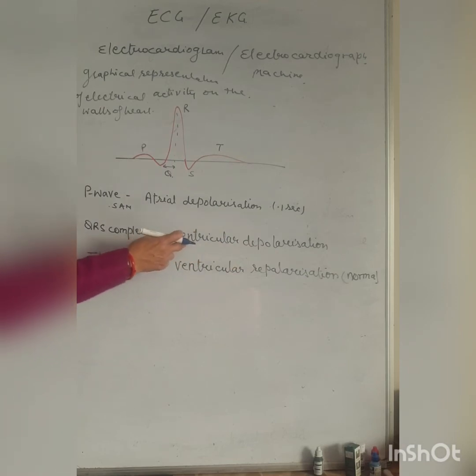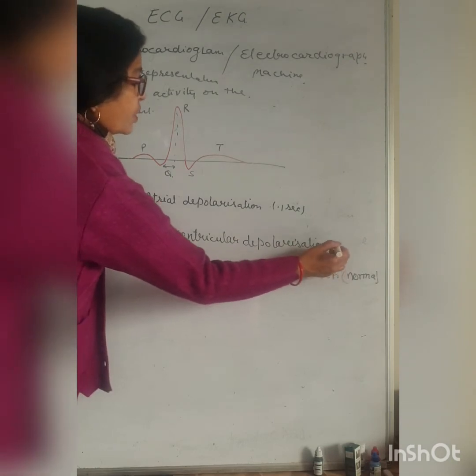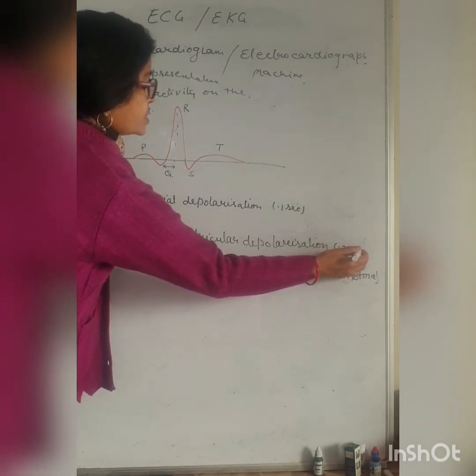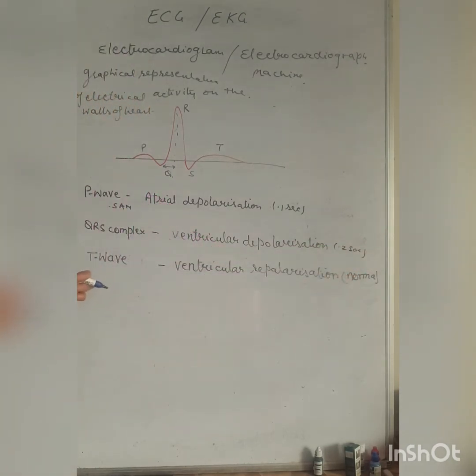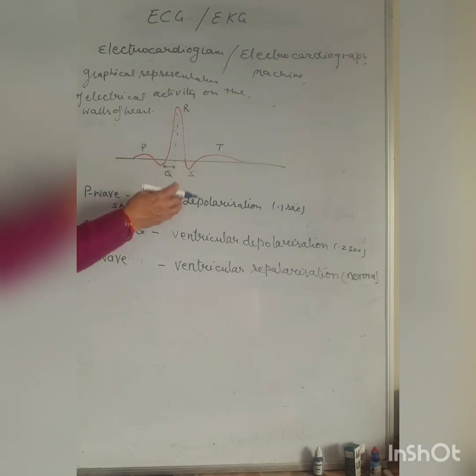Ventricular depolarization means contraction of the ventricle. It lasts for 0.2 second. The QRS represents the ventricular depolarization, ventricular contraction, as the action potential is spread over the ventricles.